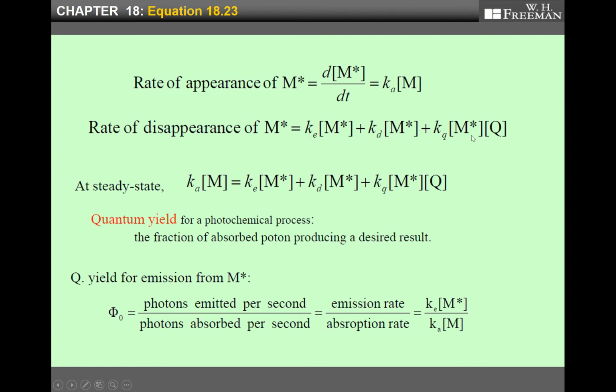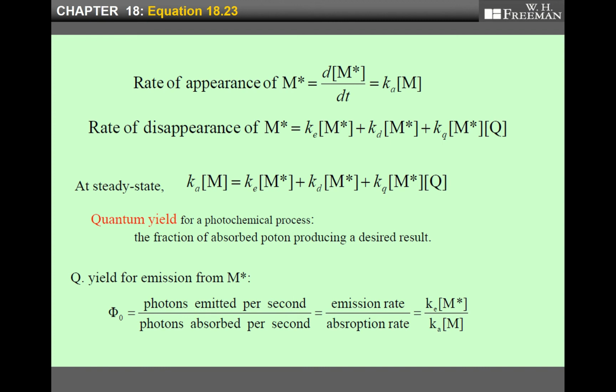Then there is the steady state. The steady state means that if you keep irradiating the molecule with light, the absorption and disappearance rates become equal, and apparently there is no change.